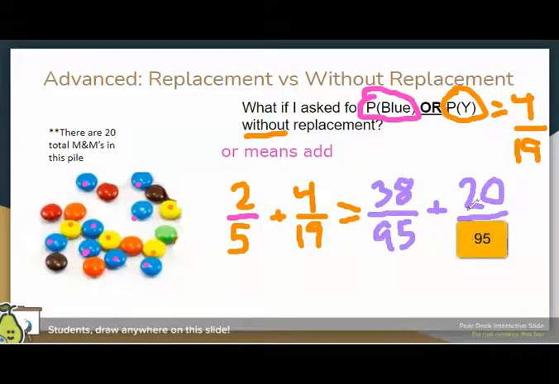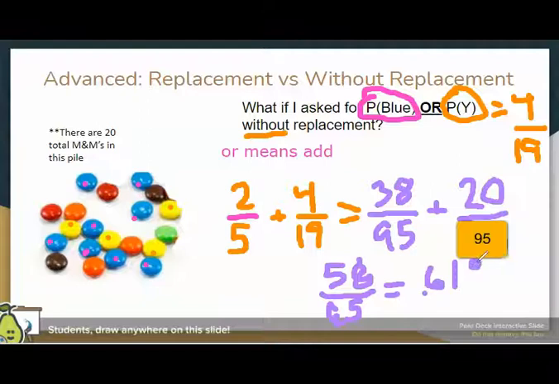So we get 38 over 95 plus 20 over 95. 38 plus 20 is 58 over 95. 58 divided by 95, it's going to be a 61% chance of pulling a blue and then a yellow.